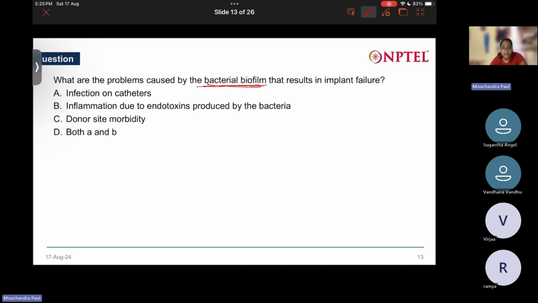Option C, can it cause donor side morbidity? What is donor side morbidity? It means the donor side is affected. When we are doing, say, skin transplantation, people usually take skin from the person onto whom it is supposed to be transplanted.